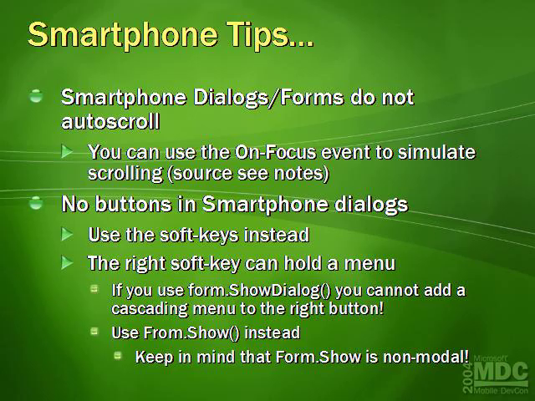So if you have more buttons in your dialogue than OK and cancel, you have to come up with creative ways to get an on-click event on a control. In my case, I use a checkbox. If you hover over the checkbox and hit the enter or select button, it basically gets the on-click event, and I can do whatever I want: switch to another form, or in my case, activate the score posting.